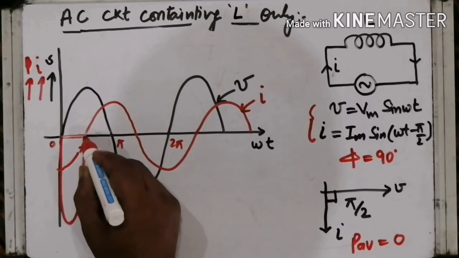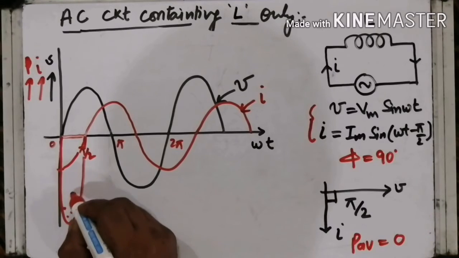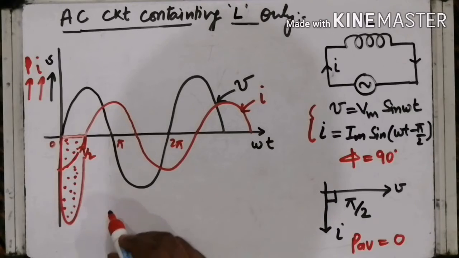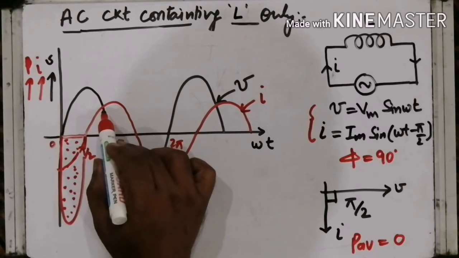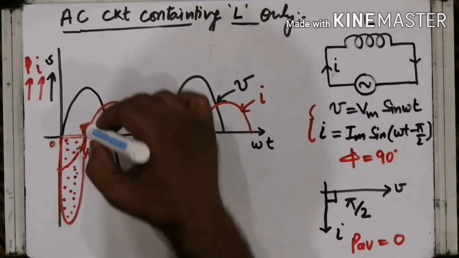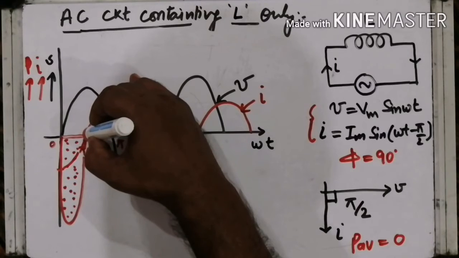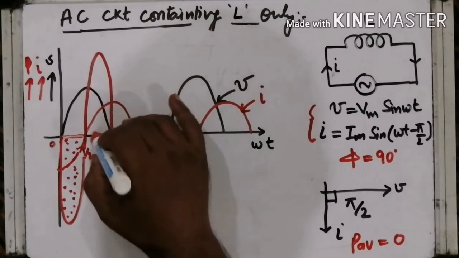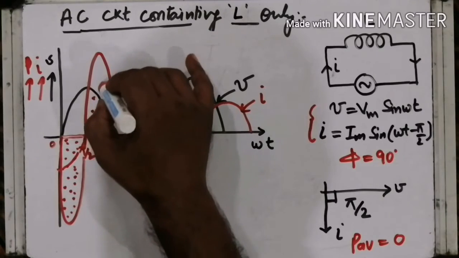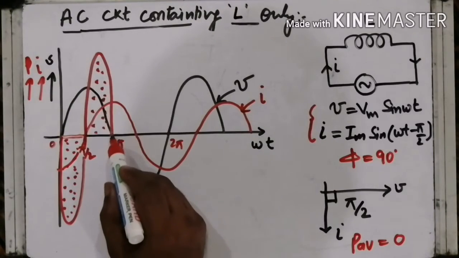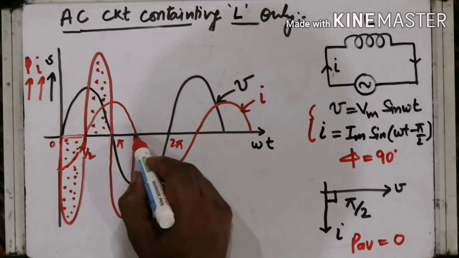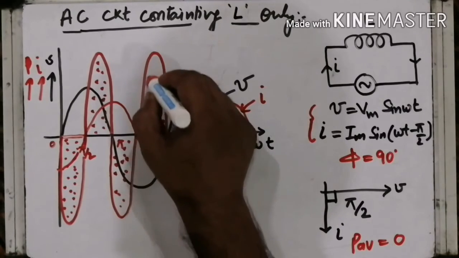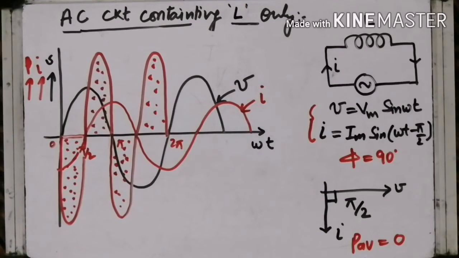So this will be the waveform for the power, which is shown by the dotted portion. And this one is positive, voltage is also positive, so power is here, which is the positive part. Once again, this is the waveform for the power.